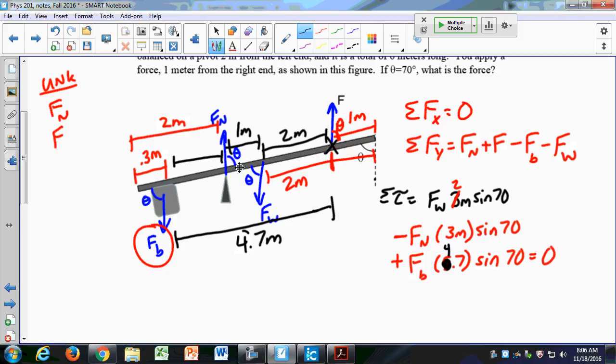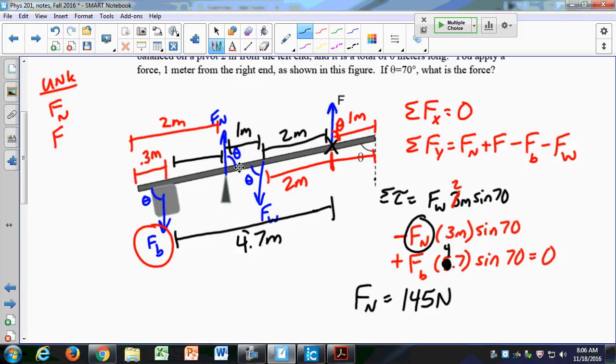This is a clockwise torque, so it's negative. It's Fn 3 sine 70. And then finally we have this third force that causes a torque as well. All right, so if we add all those up, we only have one unknown in this, and that's Fn. So we can solve it for Fn, and Fn works out to be 145 newtons.